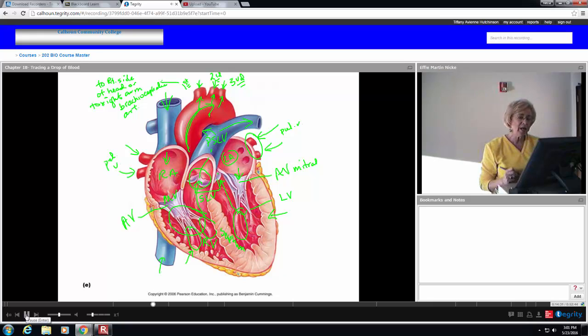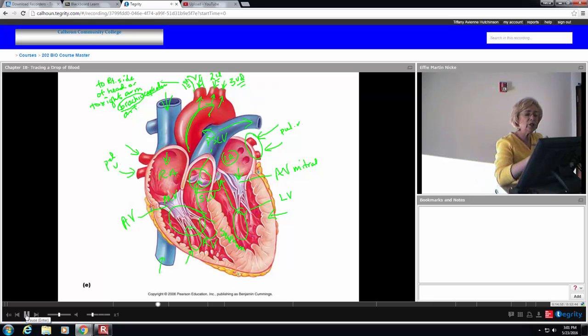Why brachiocephalic, do you think? What's brachio mean? Arm, cepha, head. So this exit is going to come up and then it's going to split again. So right shortly after getting on the brachiocephalic artery, you've got to decide whether you're going up to the right side of the head or going down the right arm, because you take another exit, and we'll see more about that in just a minute.